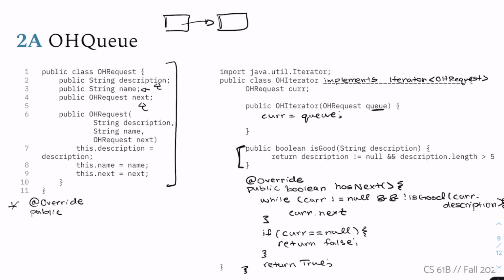And remember, we have our generic type over here as office hour request. We've defined our generic type to specifically be office hour request. So we have to return our OH request. And then it's called next.